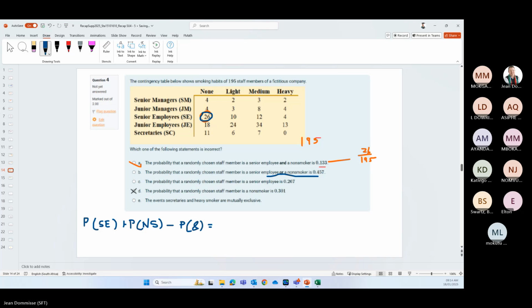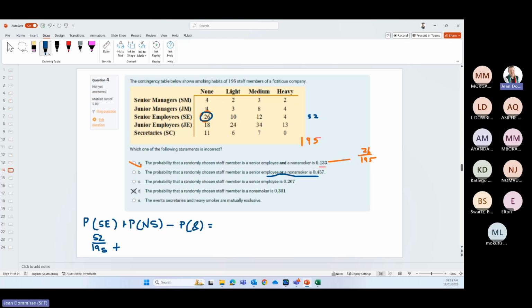So firstly, senior employee, we need to know how many there are of them. So it's 26 plus 10 plus 12 plus 4. So there's 52 of them. So that probability is 52 divided by 195. Then we need to know how many non-smokers there are.